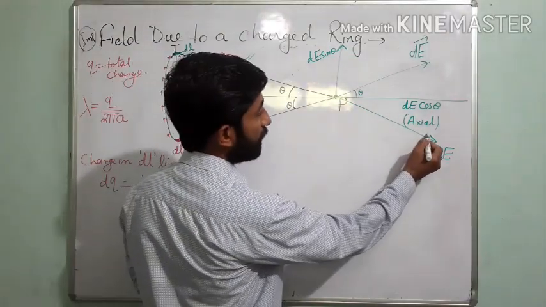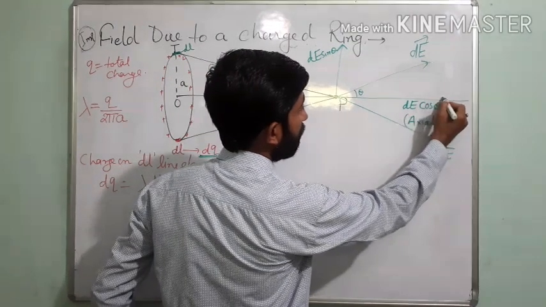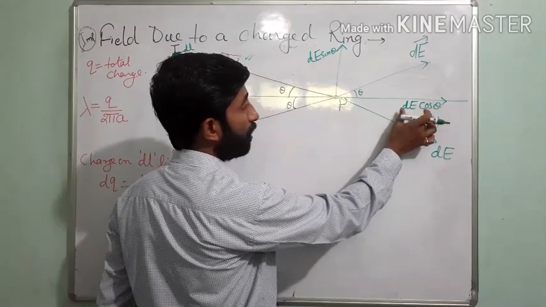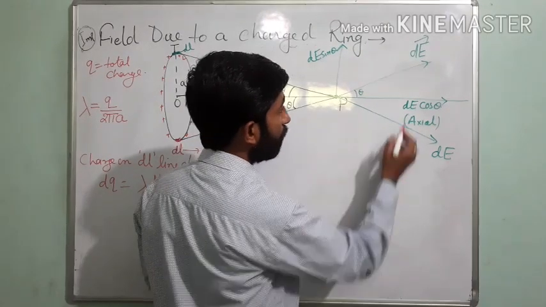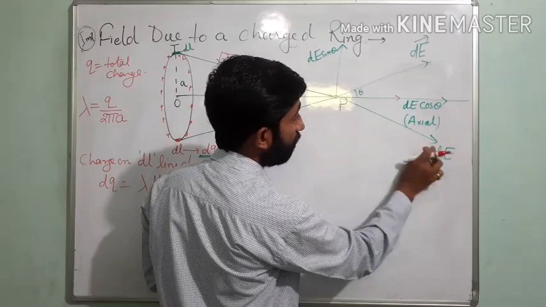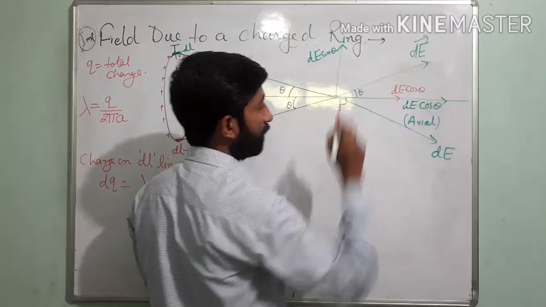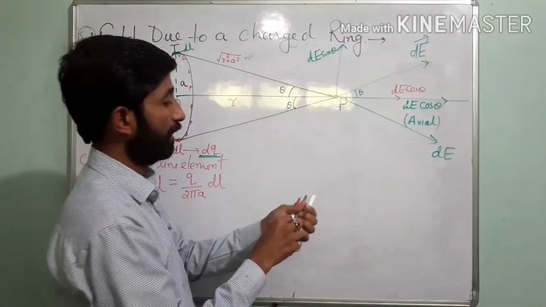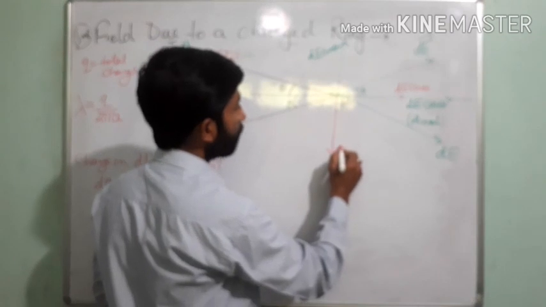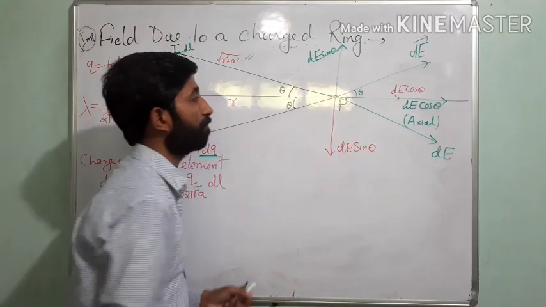Now again split its field into horizontal and vertical components. I am using a red arrow for the horizontal component of this electric field, which will again be equal to dE cos theta. So the colors are for different components produced by the different parts. Again, its vertical component, pointing downward, is equal to dE sin theta.